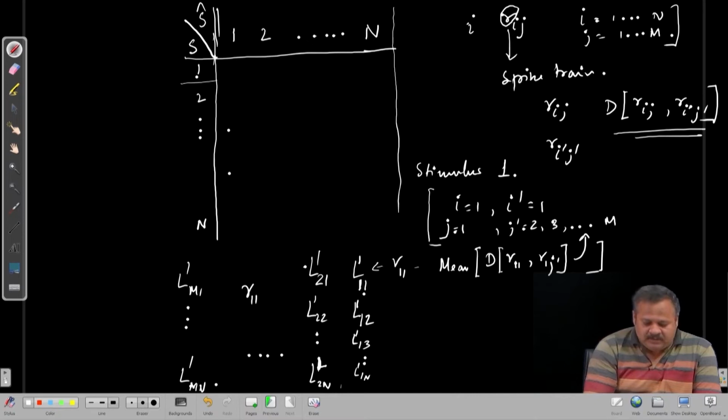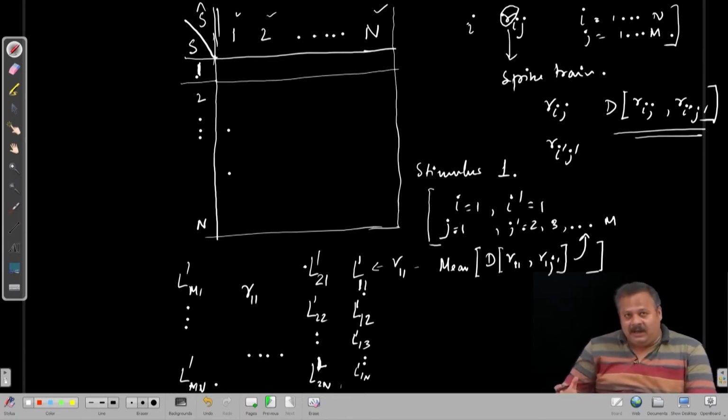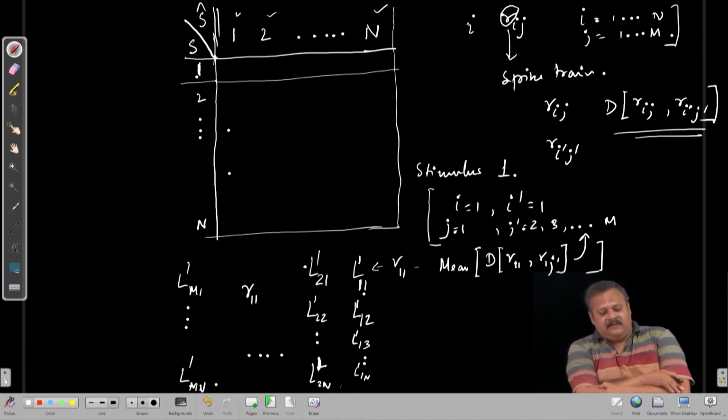This square matrix can be created, at least what we discussed is the first row of the square matrix. So, that means we can say with what probability spike trains produced by stimulus 1 are decoded as 1 or 2 or capital N. That is the number of times we assign 1 or 2 or capital N divided by capital M, which is the number of spike trains that we have, that is the probability.